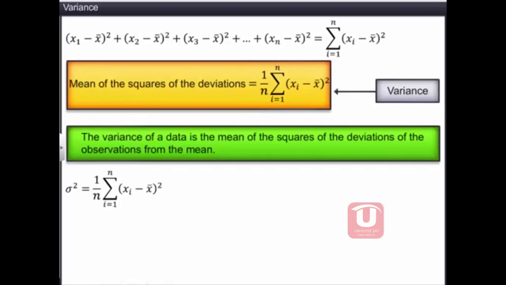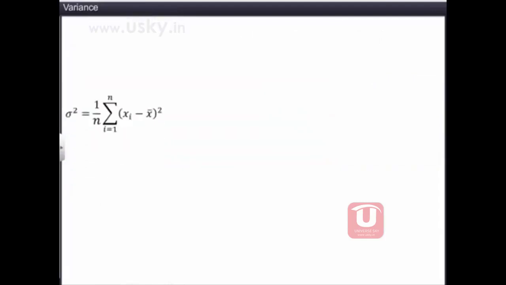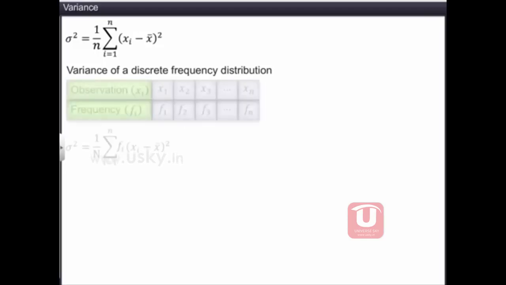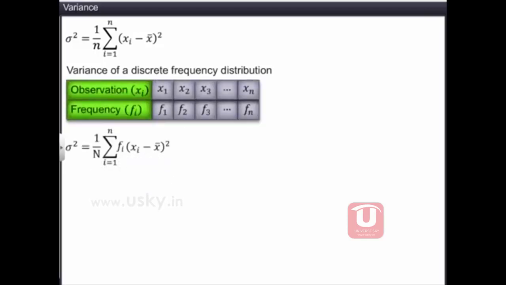Similarly, the formula for the variance for a discrete frequency distribution is given by sigma squared equal to 1 divided by the sum of the frequencies, multiplied by the summation of the product of the squares of the deviations from the mean and their respective frequencies.